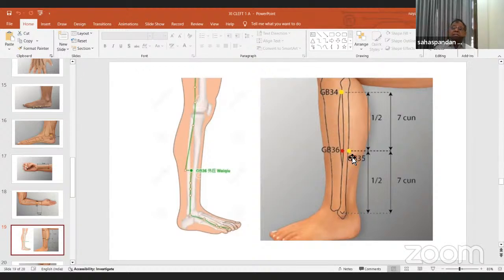Gallbladder 36 is indicated for painful skin associated with painful obstruction and also atrophy disorder as well as rabies. So if there is rabies or dog bite or any atrophy disorder.